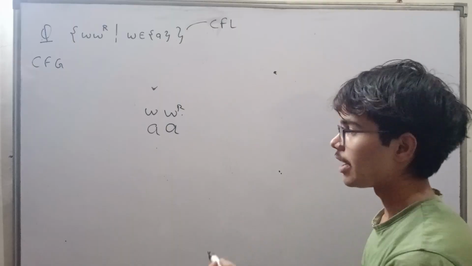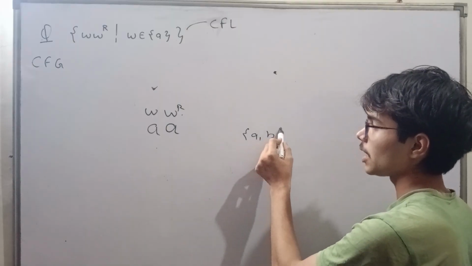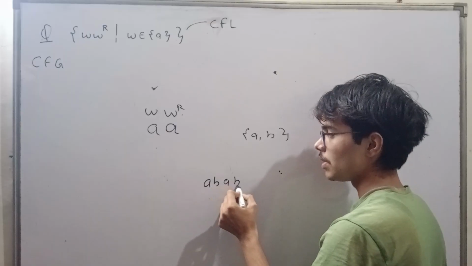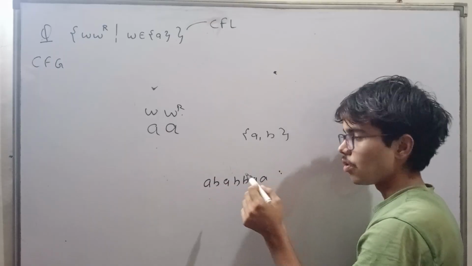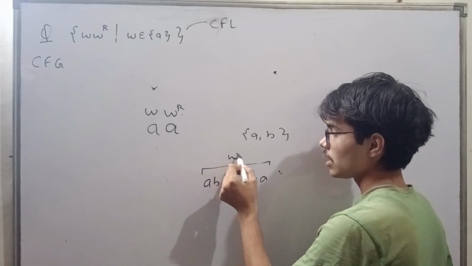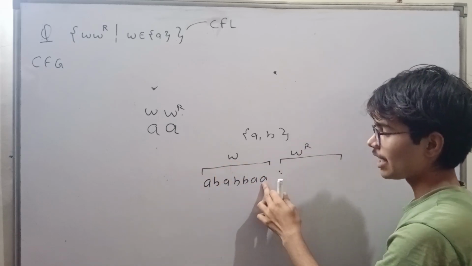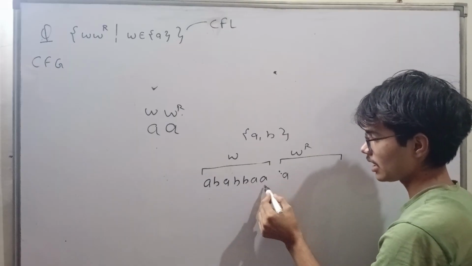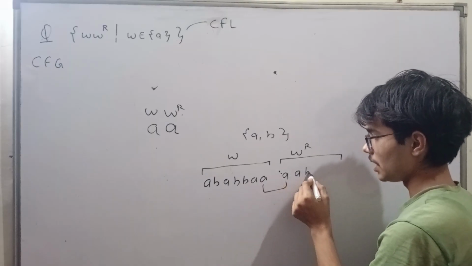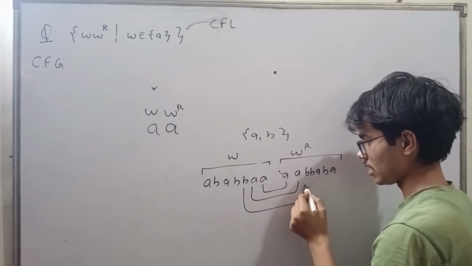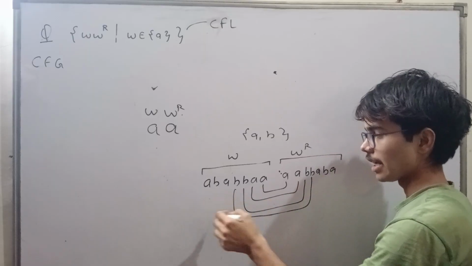Let's suppose I take two variables, A and B. So how is it made? If you write A, B, A, B, B, A, this is your W, let's suppose, then W reverse means you have to write it from the reverse: A, B, B, A, and so on.